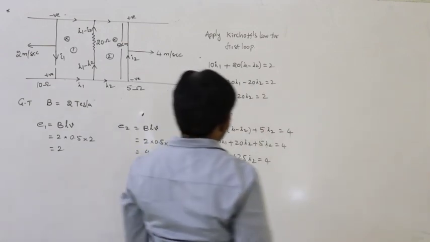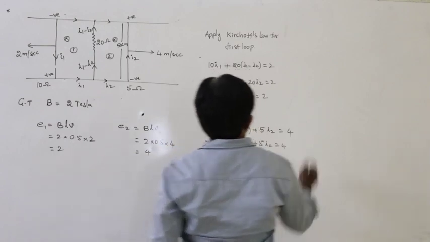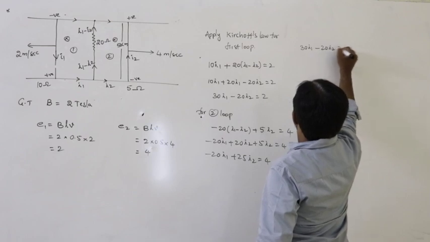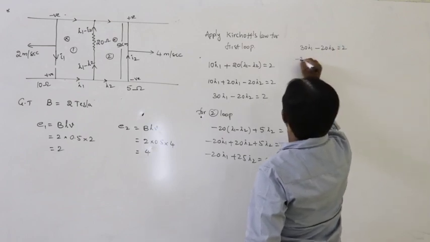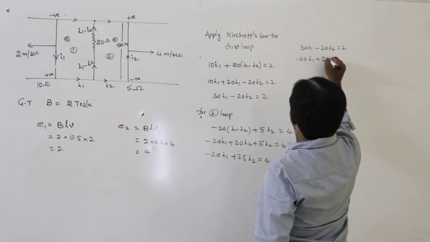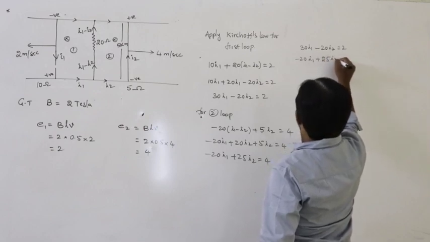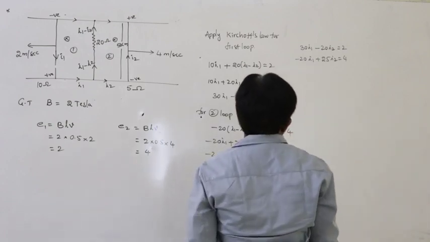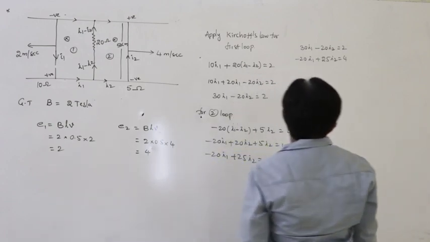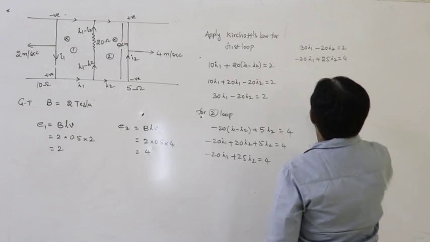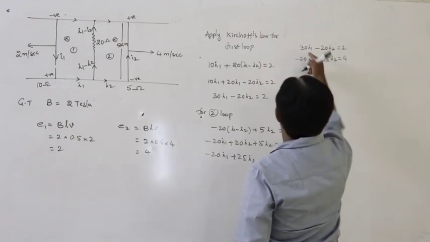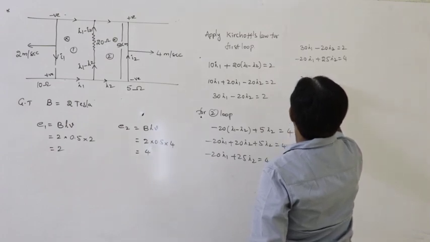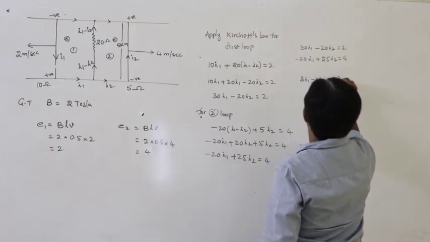Just by solving these two, we can get that. So 30 I1 minus 20 I2 is equal to 2, and minus 20 I1 plus 25 I2 is equal to 4. Dividing both sides by 10, 3 I1 minus 2 I2 is equal to 0.2.